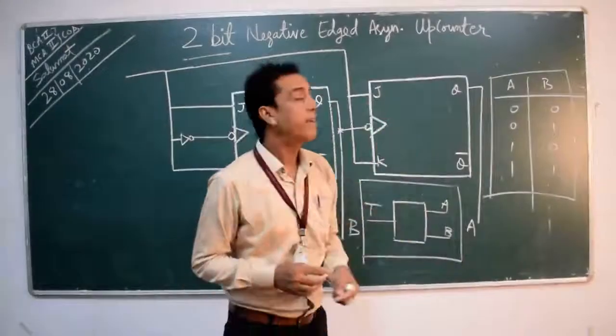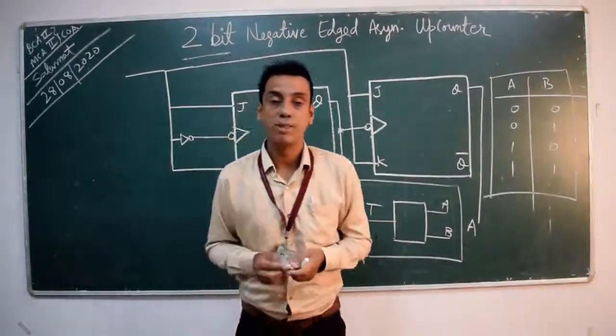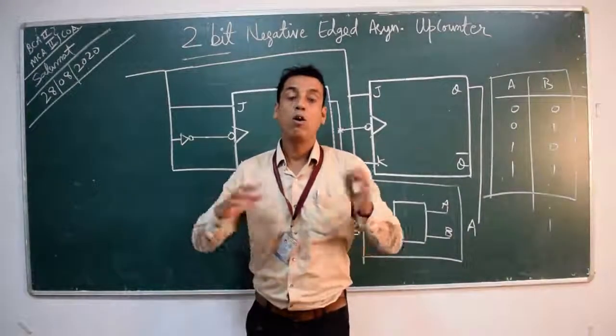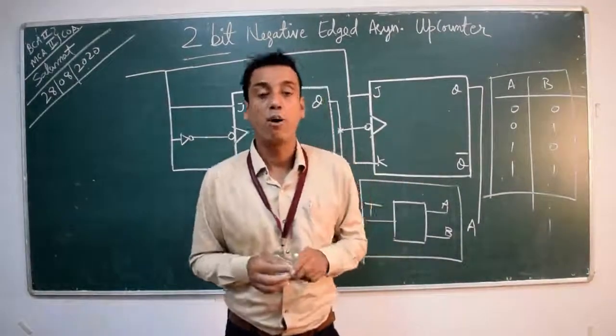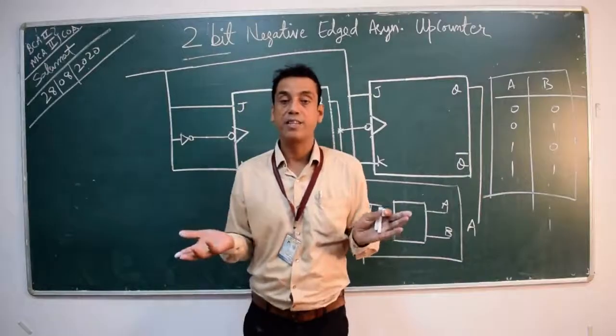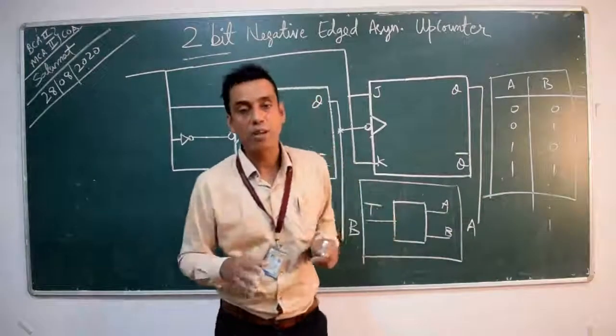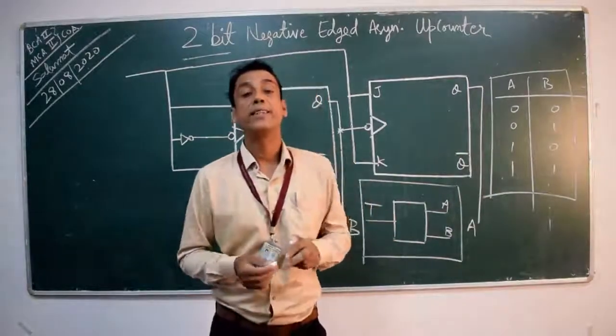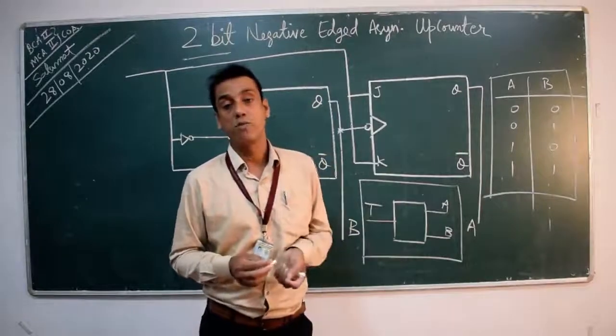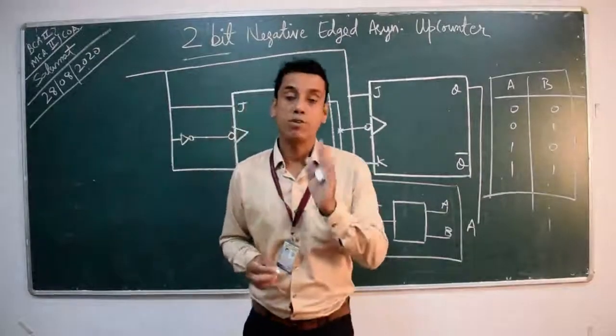Now, what do you mean by synchronous and asynchronous? When all JK flip-flops are activated every time the counter is triggered, then this is known as a synchronous counter. This is the nature of the synchronous counter.